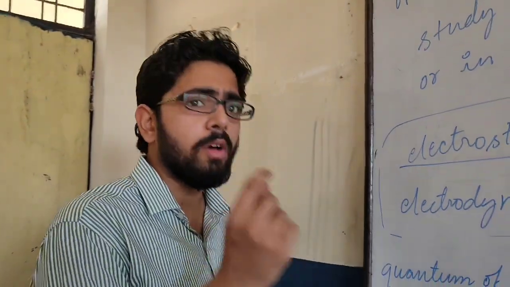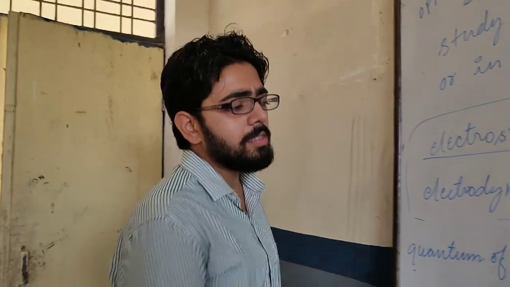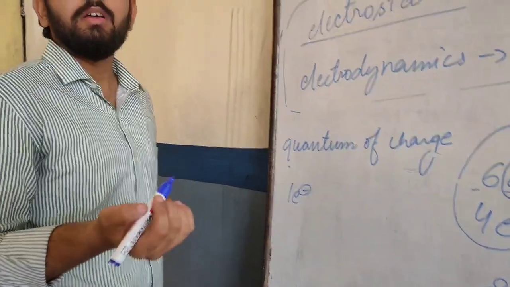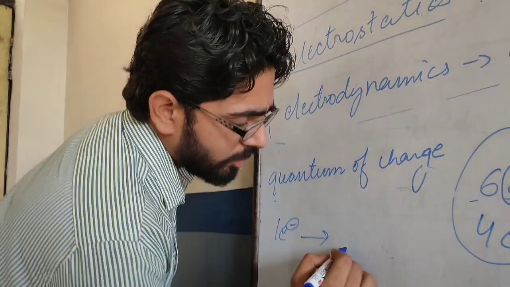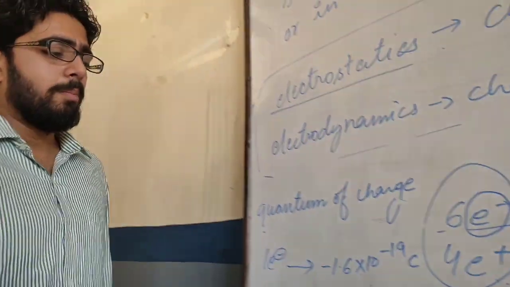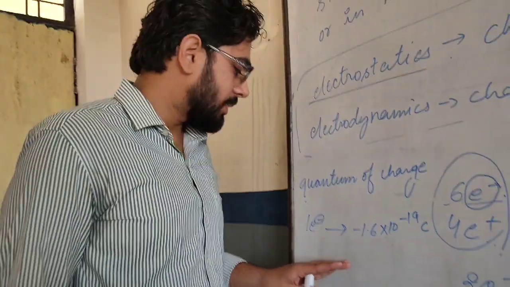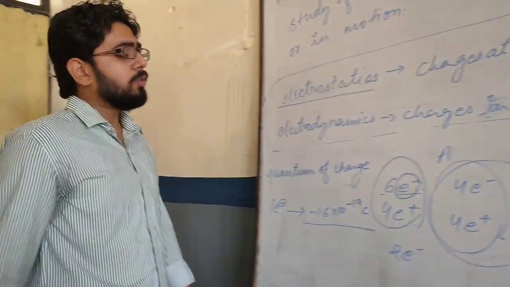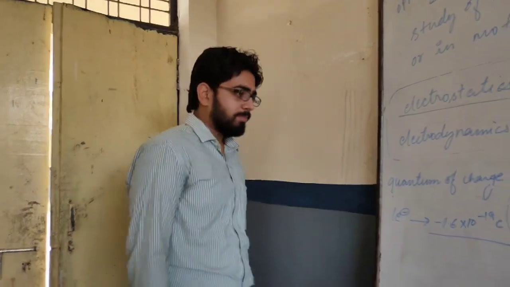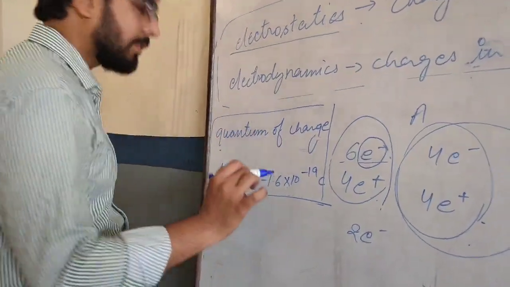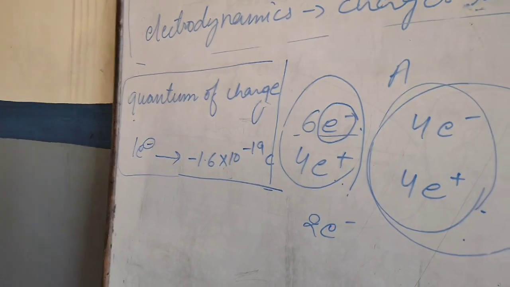Quantum of charge means the smallest unit of charge, which we have symbolized as the electron. One electron transferred from one body to another leads to a charge of minus 1.6 times 10 to the power minus 19 coulomb. It means the charge on one electron is 1.6 times 10 to the power minus 19 coulomb. So this is the basic reason behind quantization of charge.